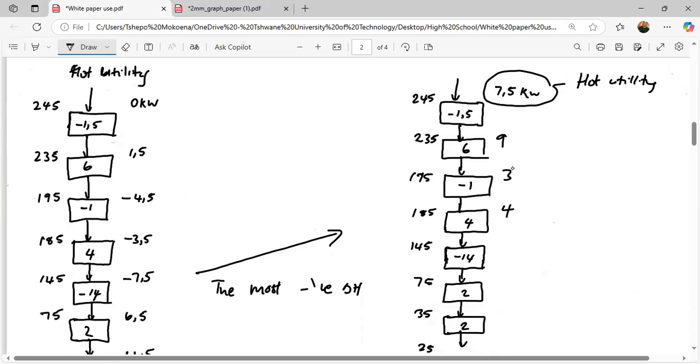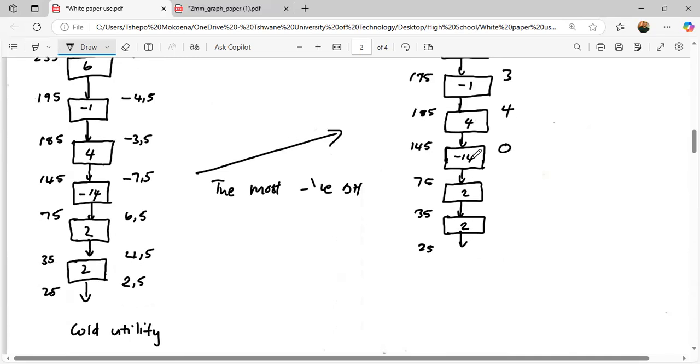And then 4 minus 4, that will give us 0. And then 0 minus 14, that will give us positive 14. 14 minus 2, that will give us 12. 12 minus 2, that will give us 10 kilowatt. And therefore this will be cold utility.